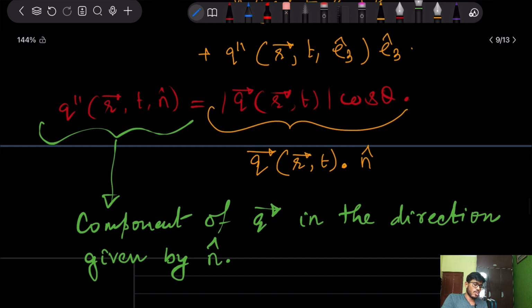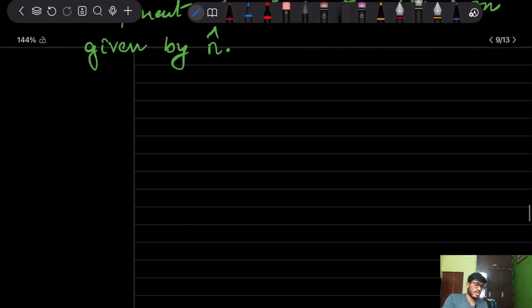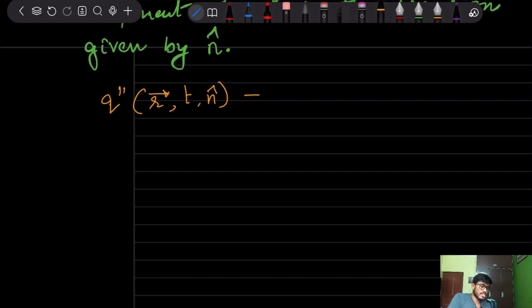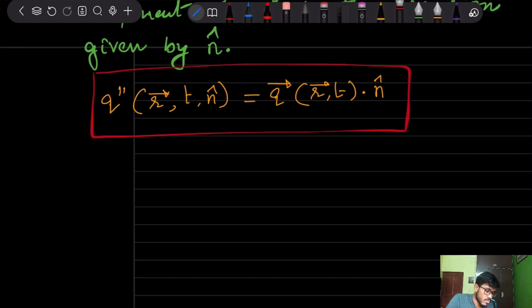Okay. This relation, let me write it once more: q double dash, a function of r, t, n, is equal to q, that is the heat flux vector, dot n cap. Okay, this is a very important correlation.